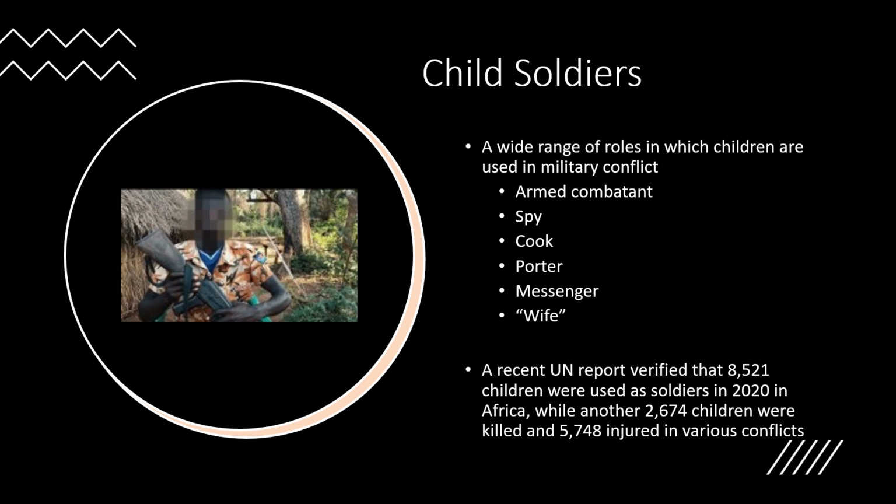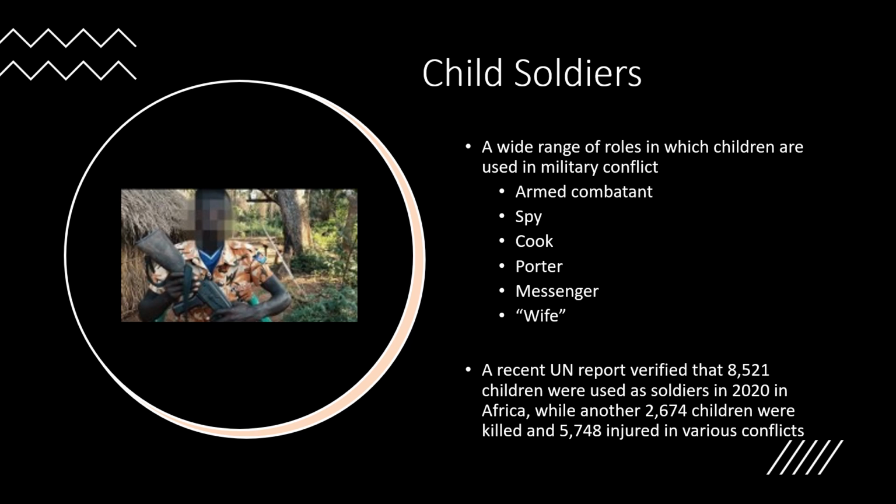Child soldiers are another form of slavery, and it's a very common type of slavery in Africa. A wide range of roles in which children are used in military conflict.